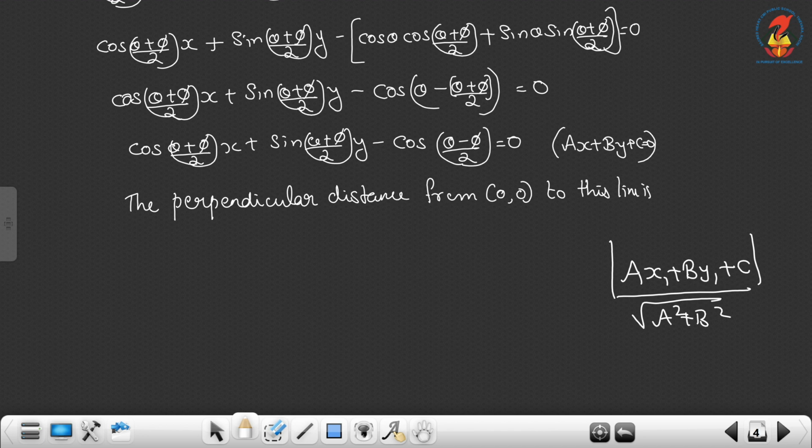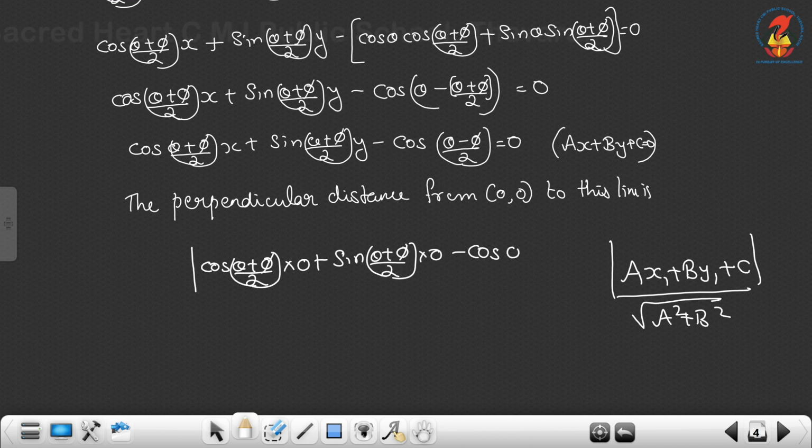There you have to substitute x as 0, y as 0. So modulus cos (theta plus phi)/2 into 0. So that is 0. Then sin (theta plus phi)/2 into 0. That is also 0. Then minus cos (theta minus phi/2). Okay.